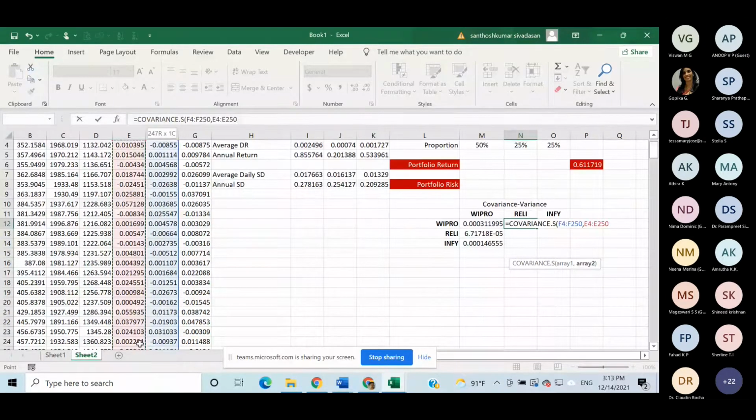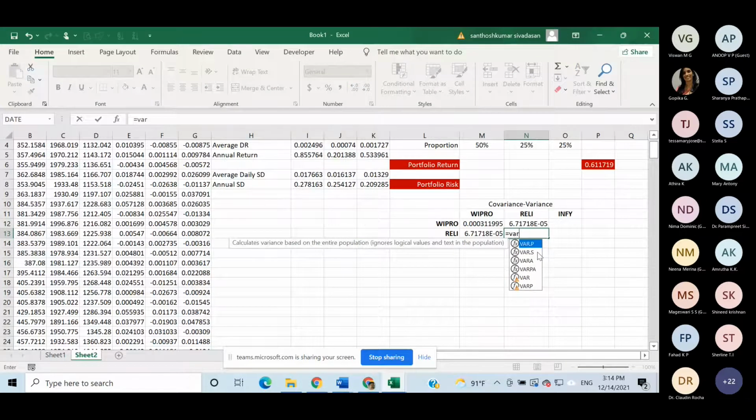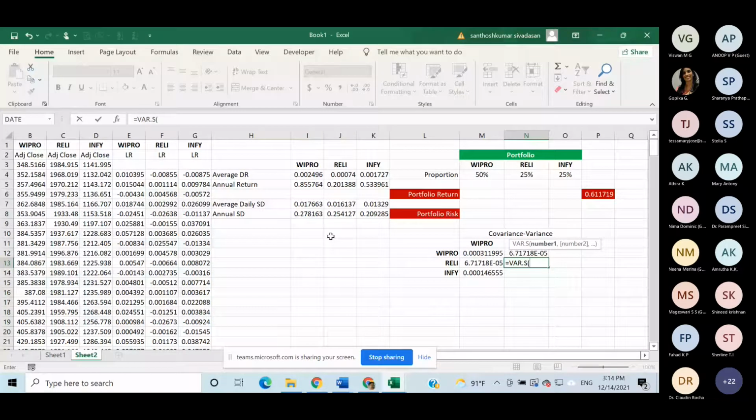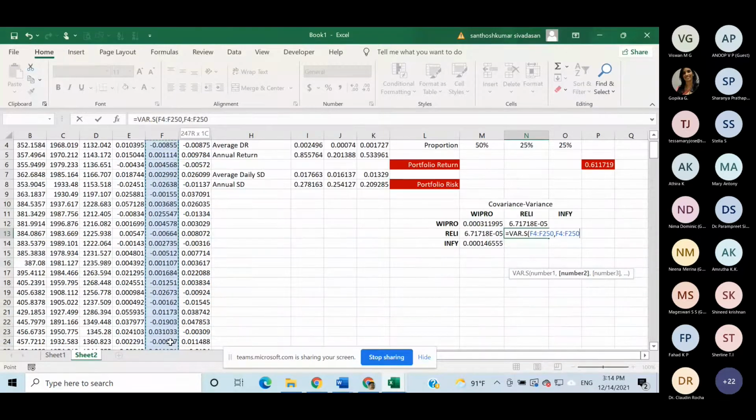So this one and this one are the same, right? Reliance variance is equal to variance. So you choose Reliance, Control Shift down arrow, comma. Again the same thing, Control Shift up. I have just done the selection from the bottom. You can do it either way.